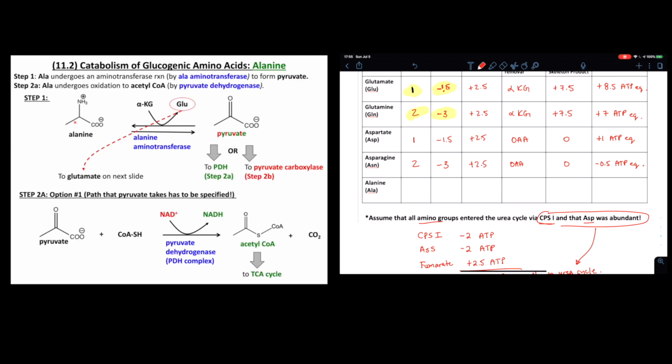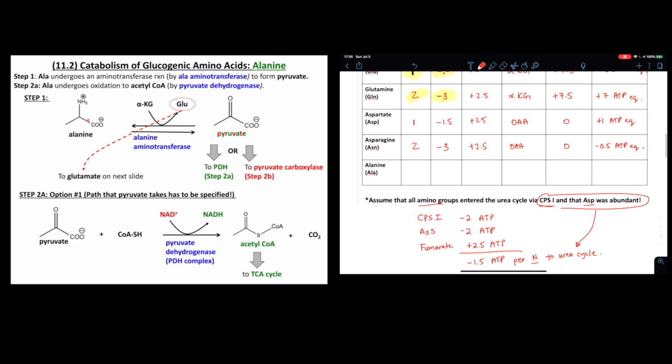We're going to write down the information first for pyruvate dehydrogenase, just so we don't confuse anyone, so we're going to split this row in half. Let's draw a little line here. Remember that alanine only has one nitrogen, so one nitrogen will go to the urea cycle.